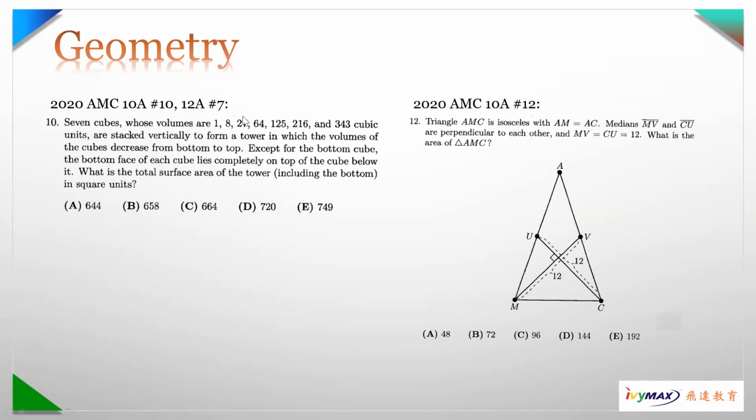Yeah, but this one, we find out the total area of each cube. And since we have 7 cubes, right, we sum them up. And since they are stacked up and they overlap, it will be counted twice for each surface, right?